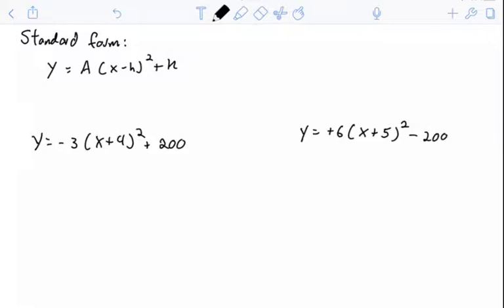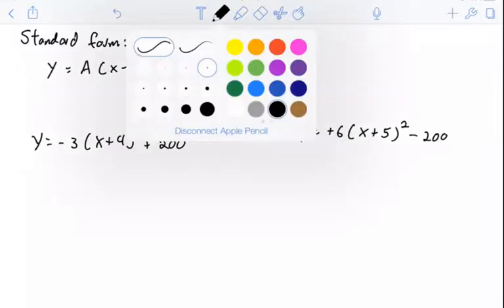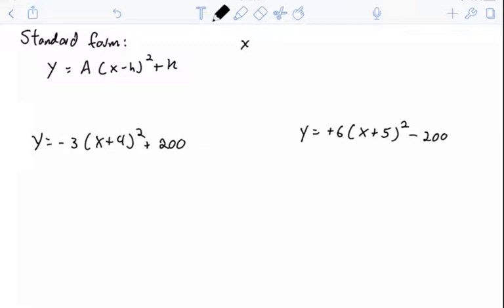Now, when x is really big, is that term going to be positive or negative? Well, that term's an expression all squared. So when x is really, really, really big, it's going to be a really big number all squared.